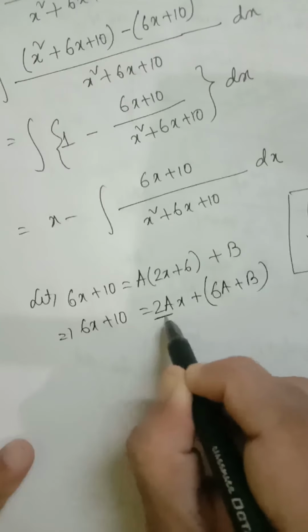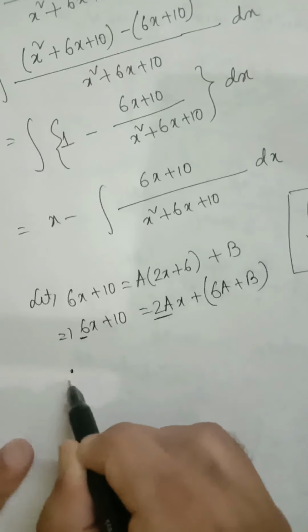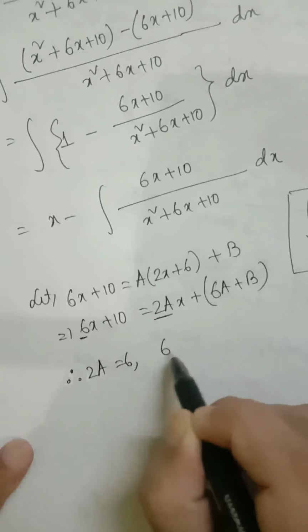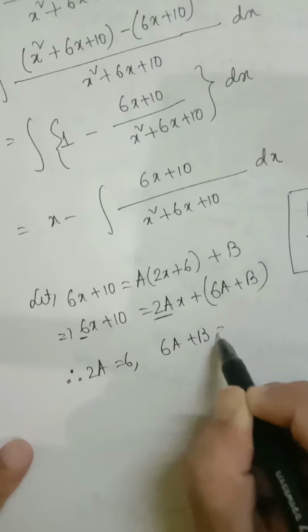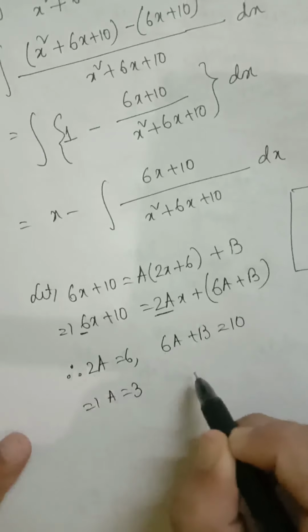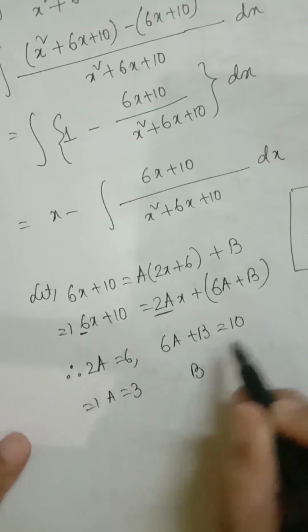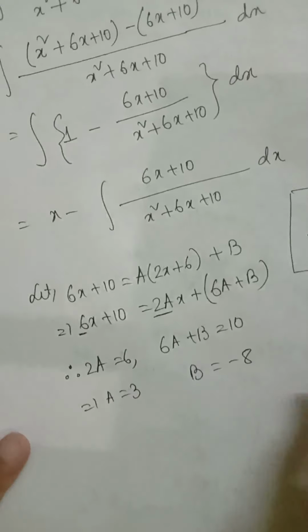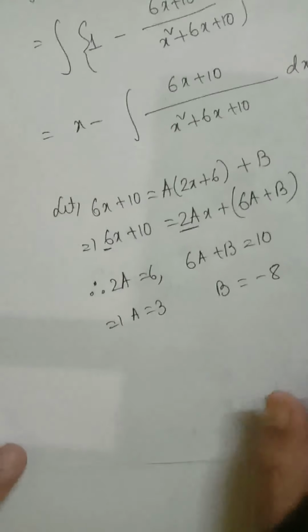Comparing, 2a equal to 6 and 6a plus b equal to 10. From this we will get a equal to 3 and b equal to 10 minus 18, which is minus 8. So a equal to 3, b equal to minus 8.